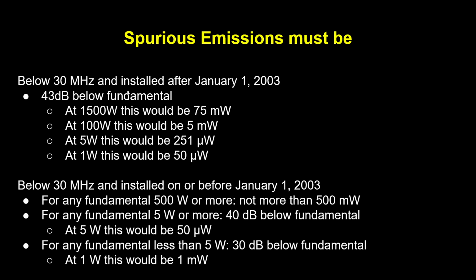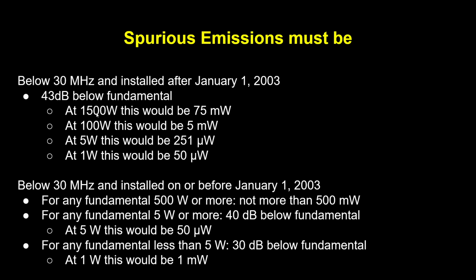So let's look at the rules in different words here. If you are below 30 MHz and installed after January 1st, 2003, then you have to be 43 dB below the fundamental. So here are some examples of what that means.